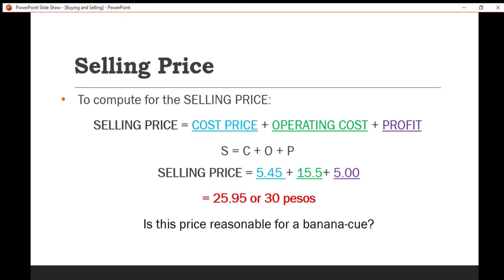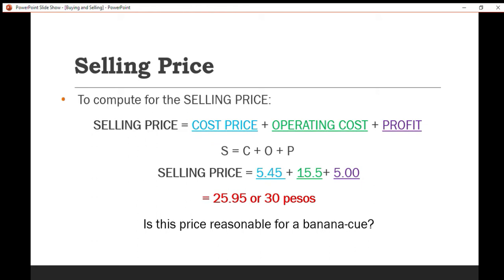What you can do is, aside from banana cues, magbenta ka din ng iba. Okay? Kasi kahit pa yan, o kaya damihan mo yung mabebenta mong banana cue. Halimbawa, dahil mas maliit masyado yung ratio ng raw materials mo sa operating cost mo, pwede mong gawin instead of just 100 pieces of banana cue, magbenta ka ng 300 pieces o kaya 500 pieces of banana Q. Okay, so yan talaga ang challenge for business owners.